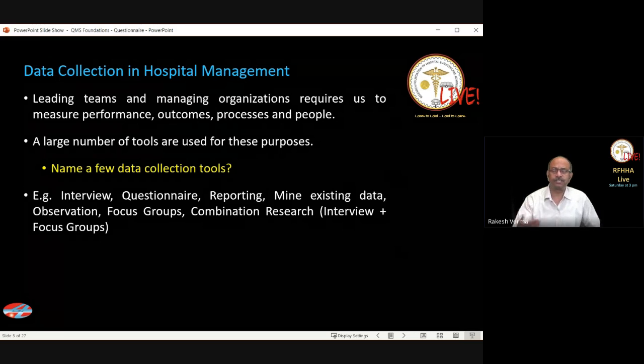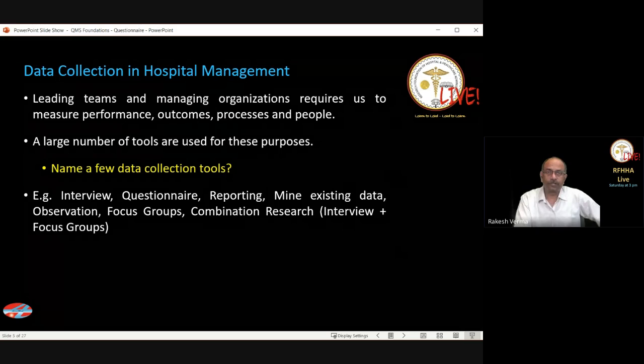You establish a reporting system, and then periodically, for example, your bed census, how many beds are occupied today in the hospital, the bed census is reported daily. So it's a method of reporting. Similarly, you can establish a variety of reporting systems where these reports will come to you, and that will become your data collection tool.